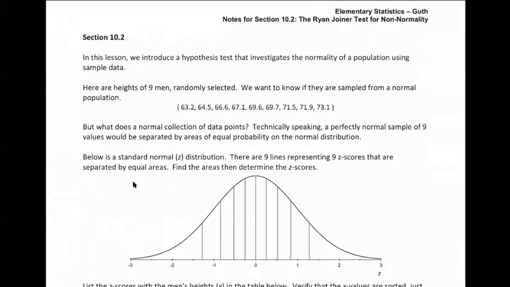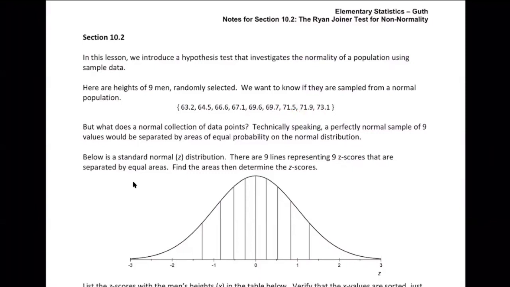So let me go ahead and read this. So it says, in this lesson, we introduce a hypothesis test that investigates the normality of a population using sample data. Here are heights of 9 men randomly selected. We want to know if they are sampled from a normal population. Okay, so let me just double check. I think these are sorted from low to high.